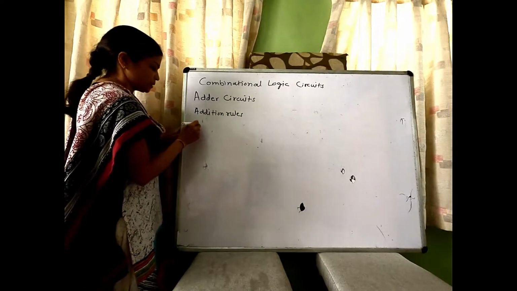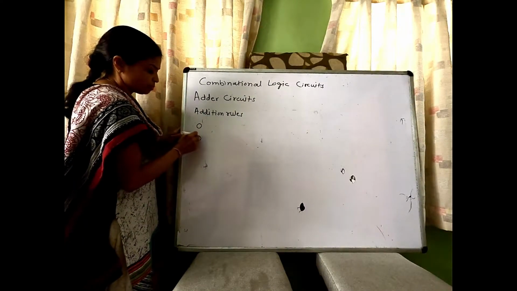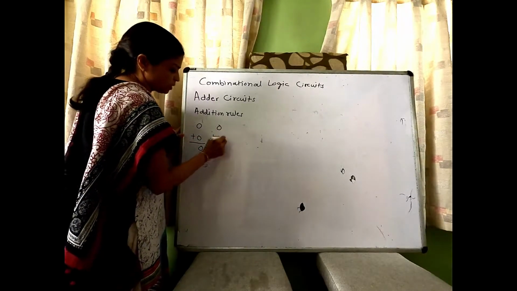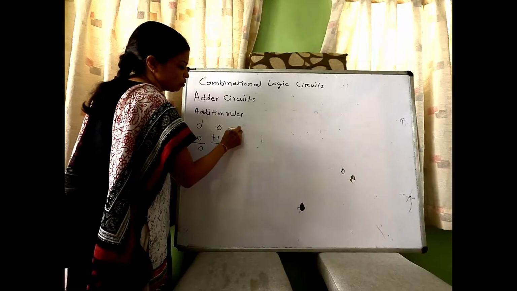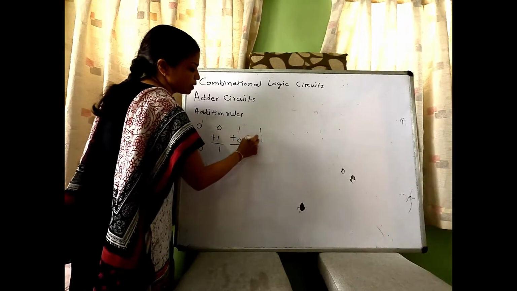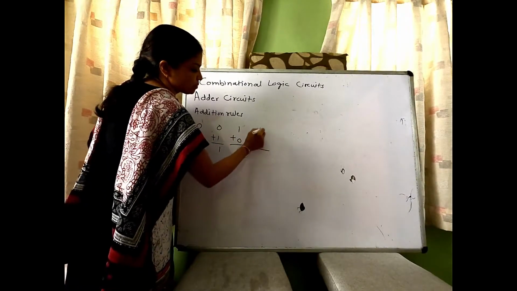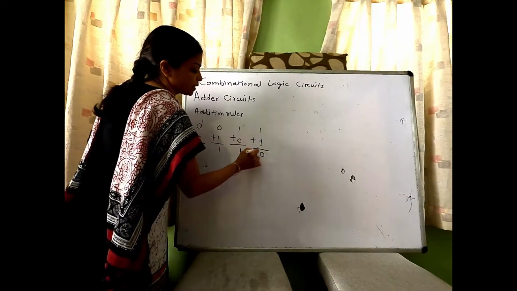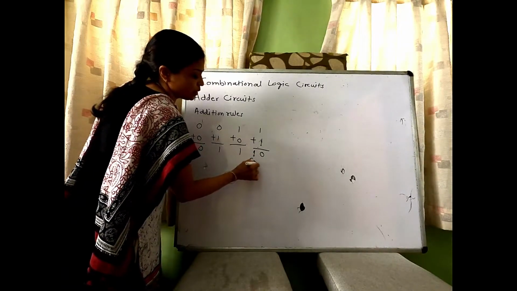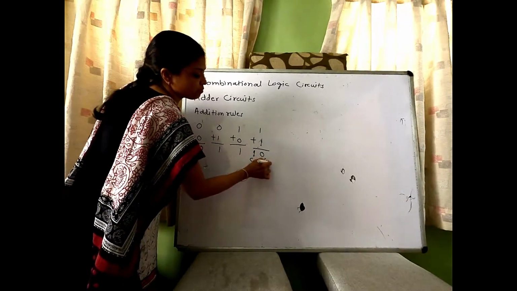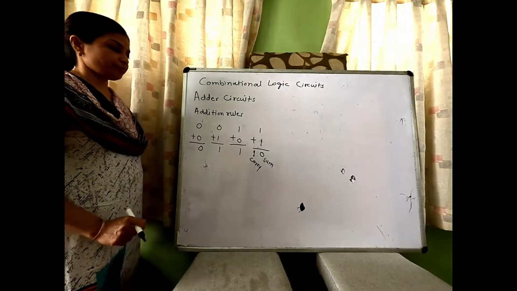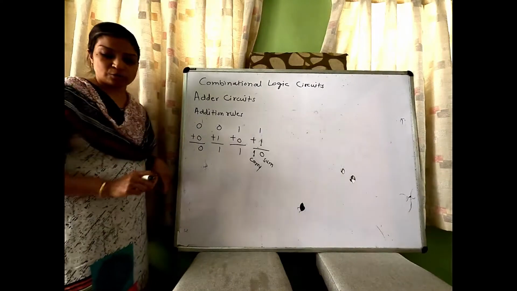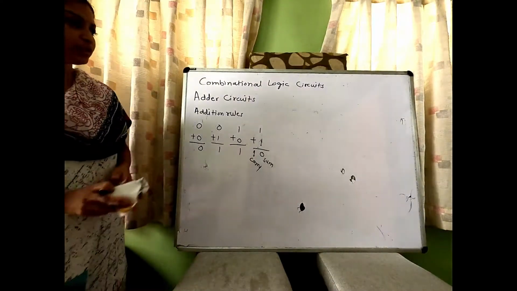Those are given as 0 plus 0 is 0, 0 plus 1 is 1, 1 plus 0 is 1, and 1 plus 1 is 0 with carry 1. So here we have the carry and this is our sum output. These addition rules we have to use for the adder circuit.